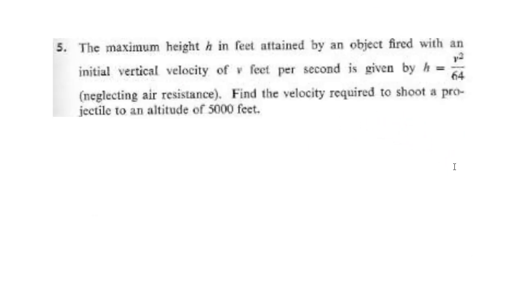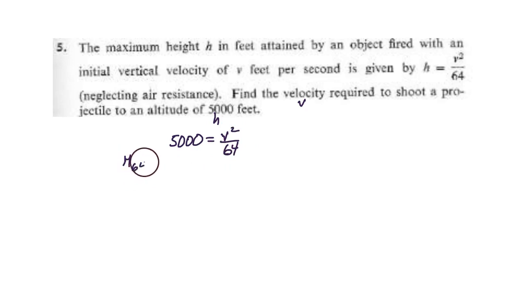Number 5, the maximum height h in feet obtained by an object fired with an initial velocity of v feet per second is given by this formula. Find the velocity, remember that's v, required to shoot a projectile to an altitude of 5,000 feet. Altitude was h. So let's take this equation and substitute 5,000 for h, and solve this for v.